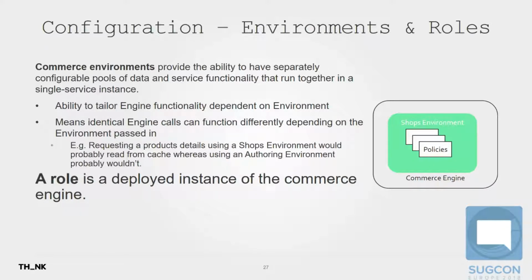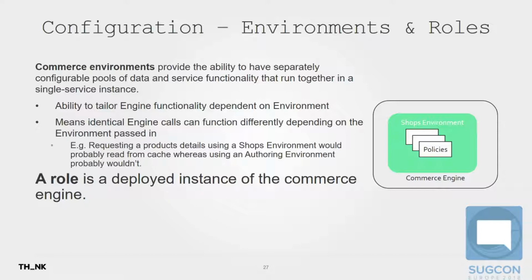So one can be requesting product details using the shop environment, and the other could be just reading data on the authoring environment. The authoring environment, because it's used by the authors, you may cache it, you may not cache it. So you can have a policy saying caching or not caching. Right now, when you install Sitecore Commerce 9, all those roles behave the same.